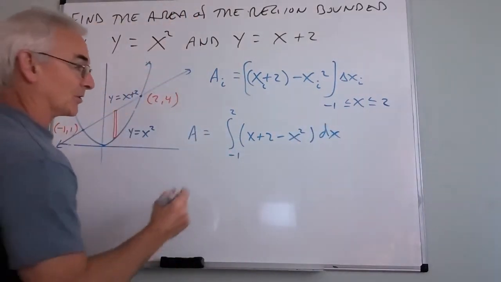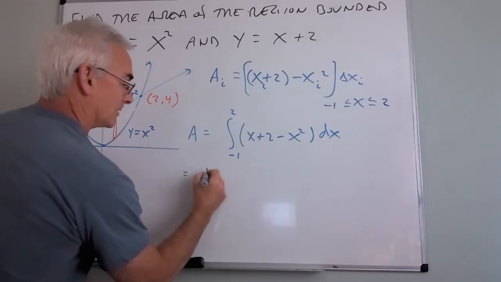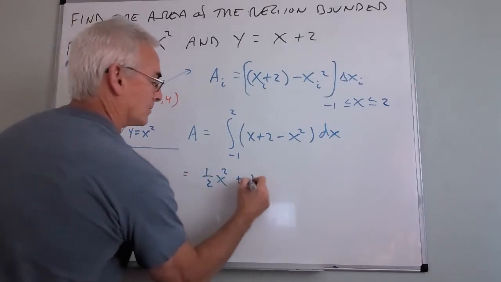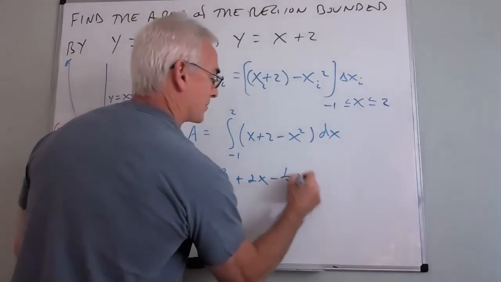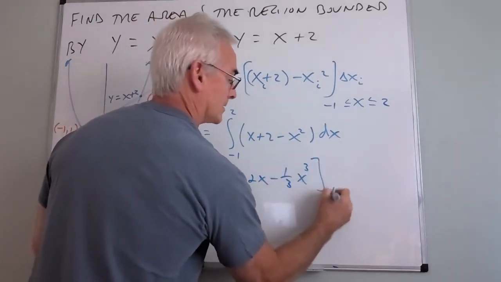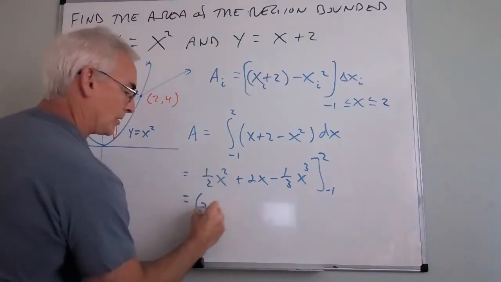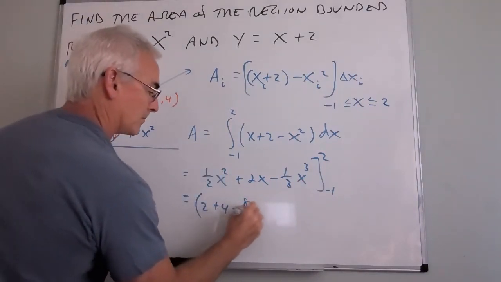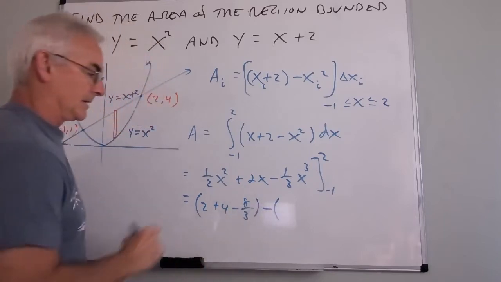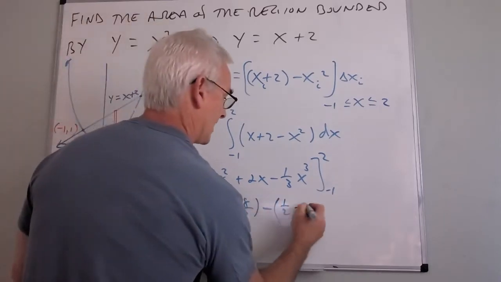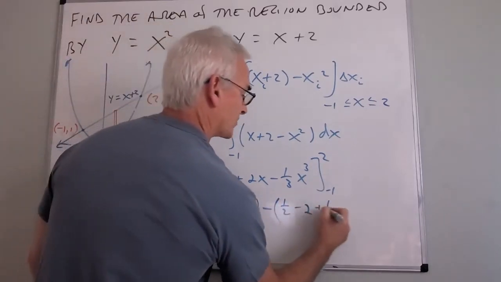Now that doesn't look complicated. So that would be 1/2 x squared plus 2x minus 1/3 x cubed from negative 1 to 2. So I'm going to have 2 plus 4 minus 8/3, then 1/2 minus 2 plus 1/3.